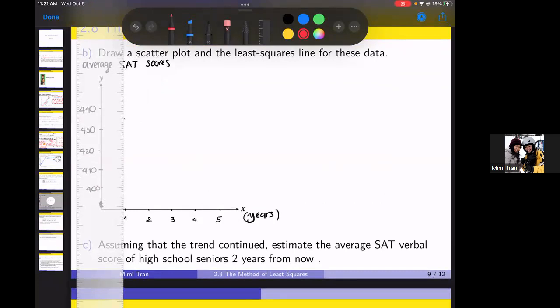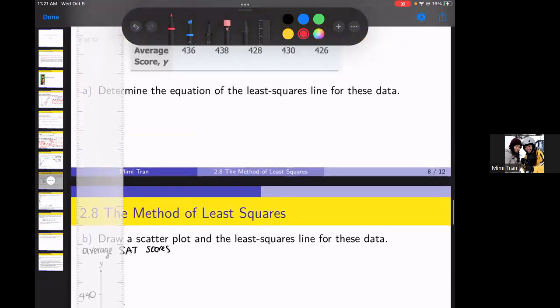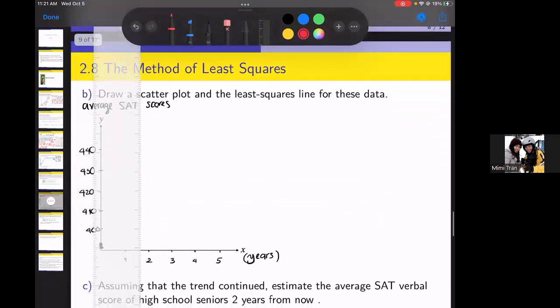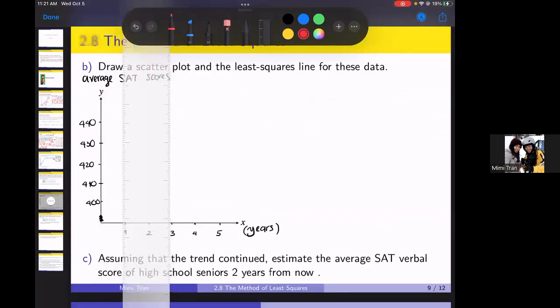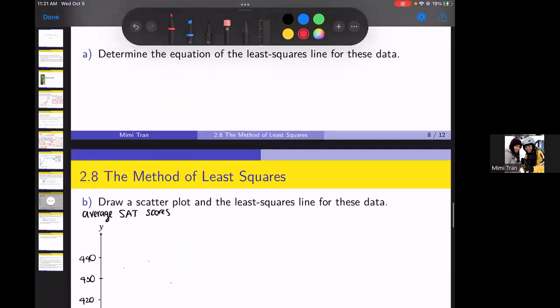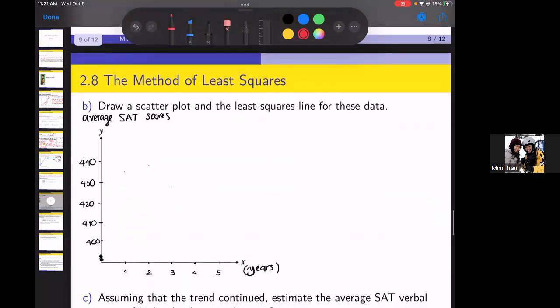Year 2 is 438, roughly there. Year 3 is 428. Year 4 is 430, and year 5 is 426.